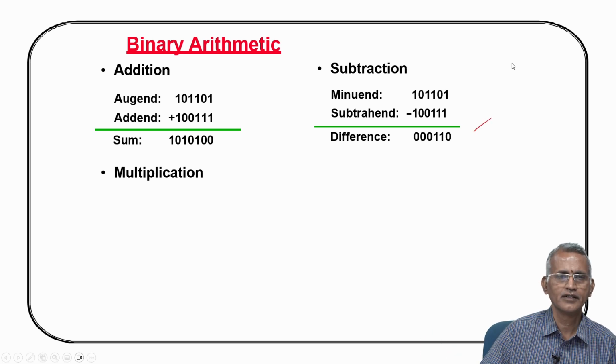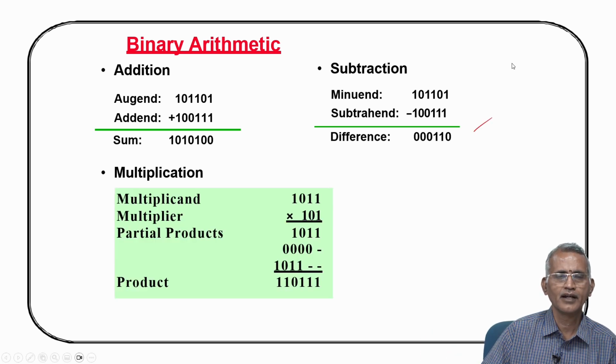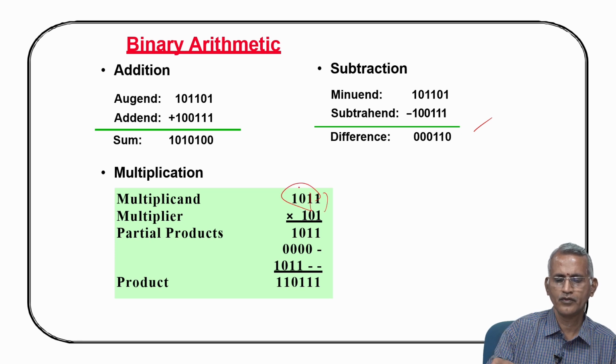For multiplication, the multiplicand is 1011 and the multiplier is 101. Simply multiply: first 1, and then 0, 0 of this, 1 of this, like this. Simply apply the multiplication method and add them, and you can get it.